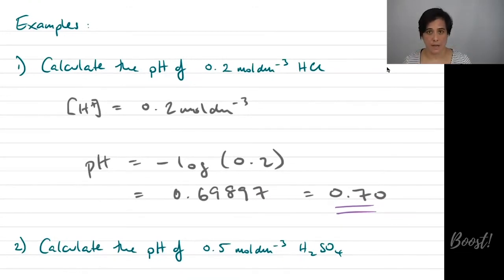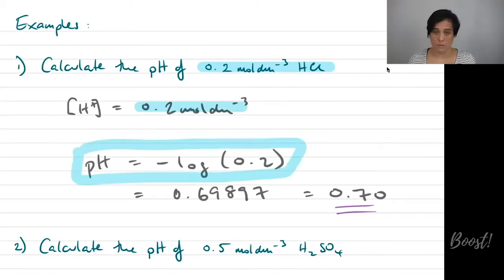For HCl, as we said, we can equate the concentration of H+ ions, the H+ in square brackets, to the same thing as the concentration of HCl. So 0.2 moles per decimeter cubed. And then we just plug that into the pH equation. pH equals minus log of 0.2, and that gives us 0.698, which to 2 decimal places is 0.7.